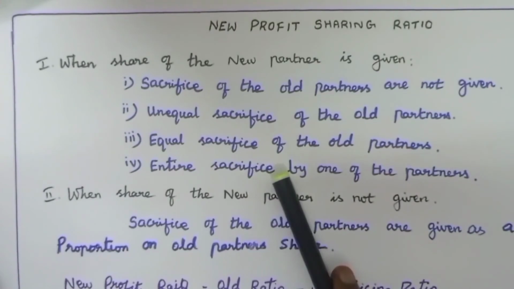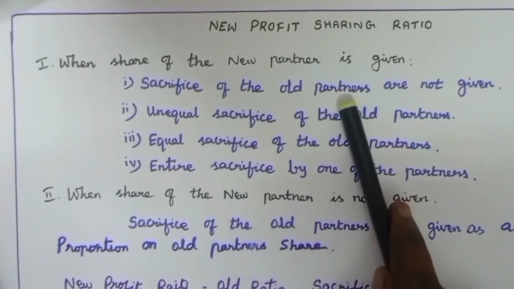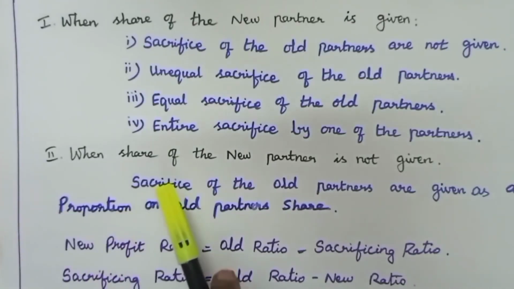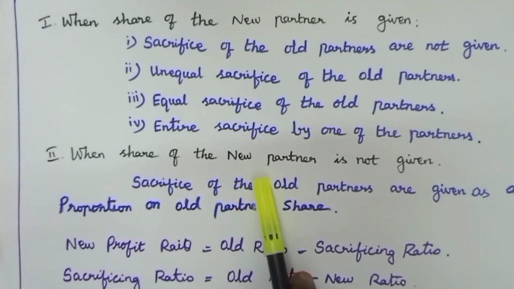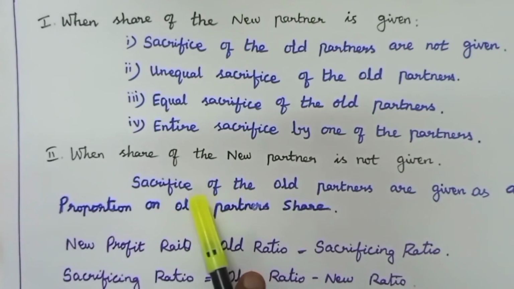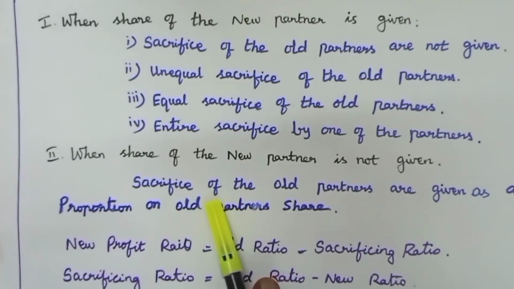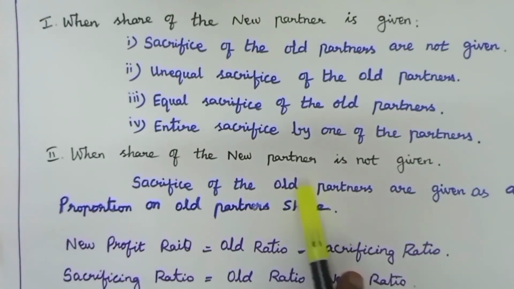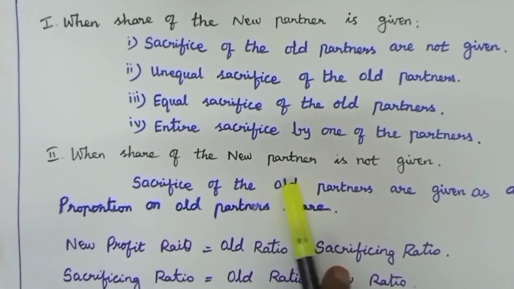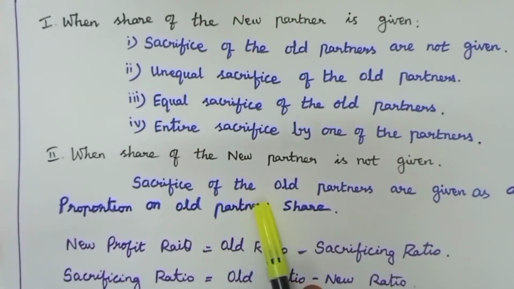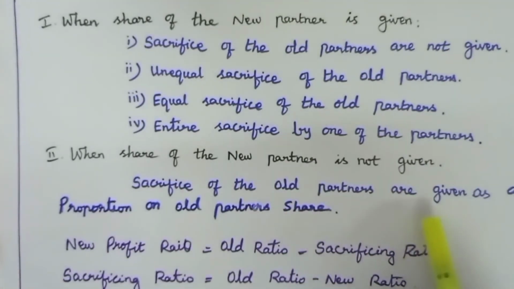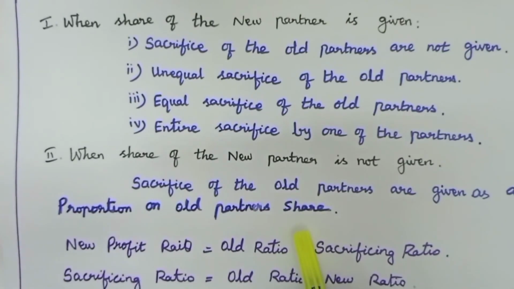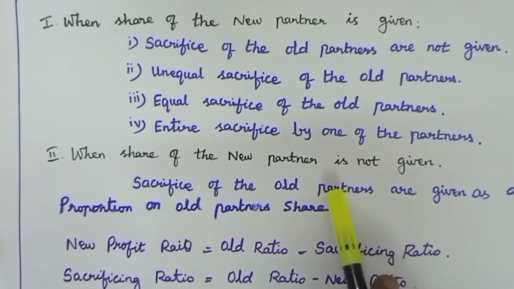Otherwise, sacrifice information is not given in the problem. It is very easy to identify the second situation. When you read the problem, if nothing is given related to the share of the new partner and sacrifice of the old partner is given as proportion of old partner's share, you can proceed with the second situation.